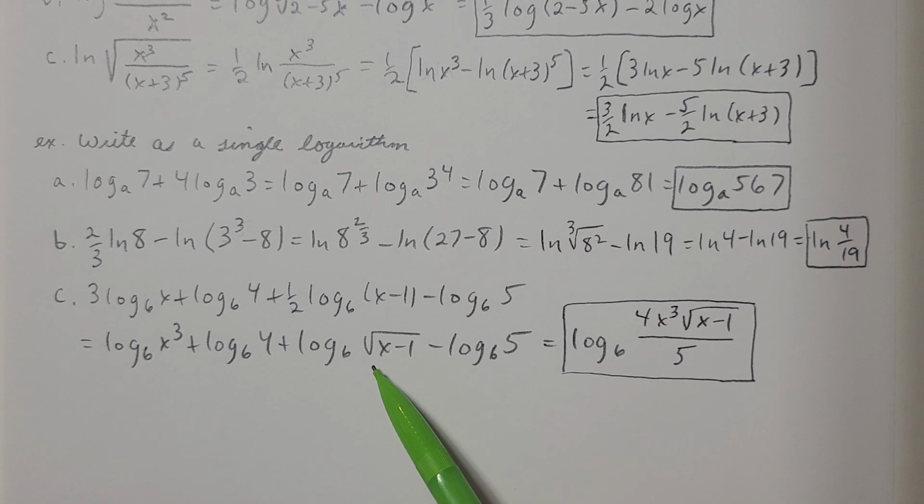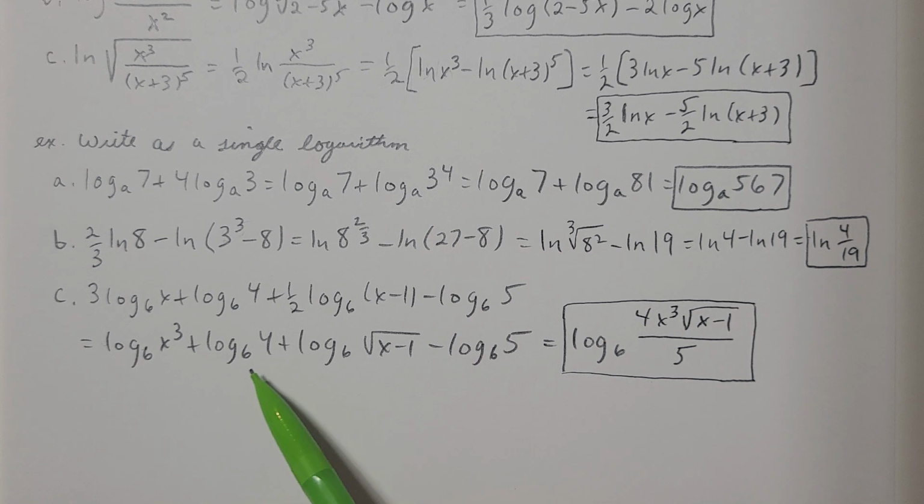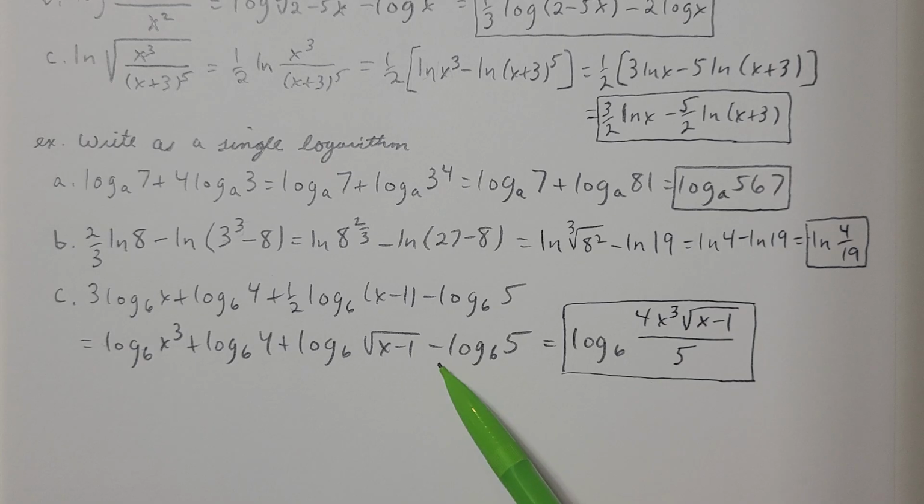X minus 1 to the 1/2 power, that's the same thing as the square root of x minus 1. Okay, so I'm looking at log base 6 of x cubed plus log base 6 of 4 plus log base 6 of the square root of x minus 1 minus log base 6 of 5. And let's go to the answer now. So when I'm adding these logarithms, that would be the same thing as getting a single logarithm where I'd have to multiply the inner parts.